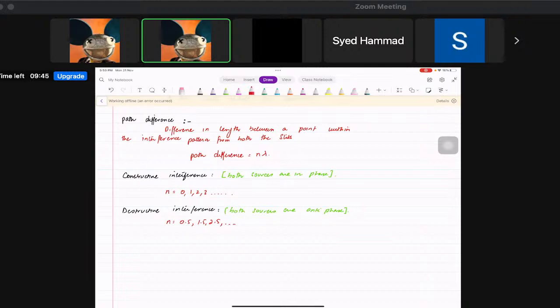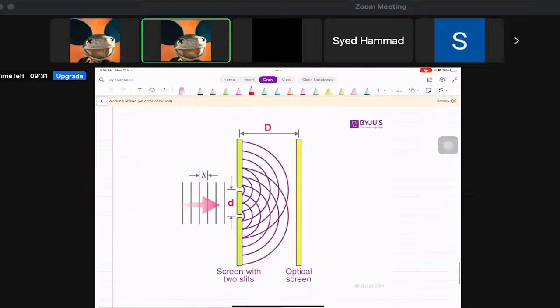Let's see. I'm going to post a picture. If you see the diagram, it basically makes a diagram like this.